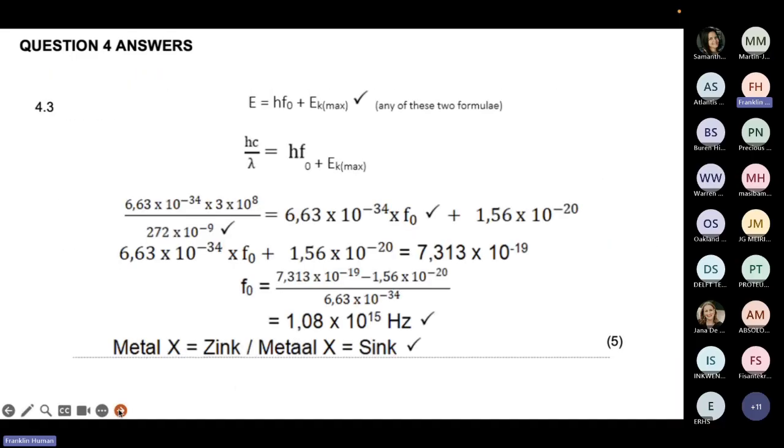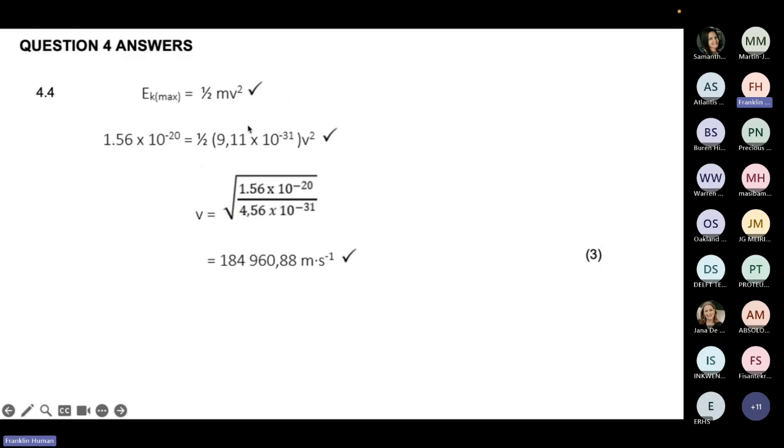And that is where we get this value from over here, 9,11 times 10 to the power negative 31. That's in kilograms. That's tiny. Multiplied by v squared. So if you make v squared, if you make velocity the subject of your equation, you then calculate the speed of the electron to be 184,960,88 meters per second, right?